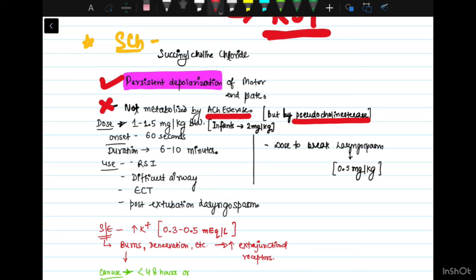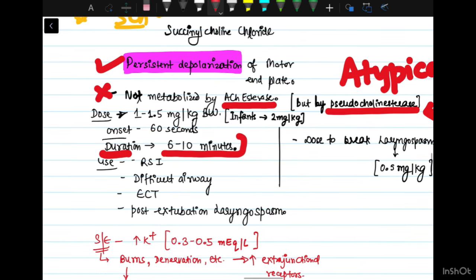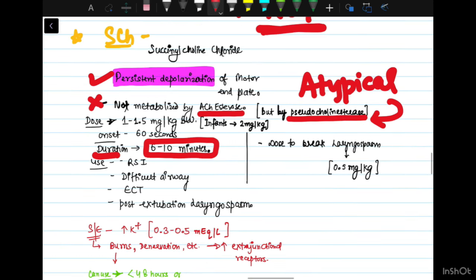So if the patient genetically has a lesser amount of pseudocholinesterase, or has what is known as an atypical form of pseudocholinesterase, the effect may persist. The usual duration is 6 to 10 minutes only, but with atypical pseudocholinesterase, the succinylcholine is not going to be metabolized, and the duration can last several minutes or even several hours. So you have to keep ventilating the patient electively till the patient comes out of this effect.